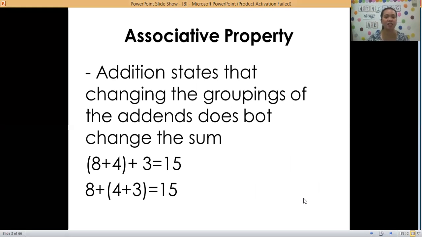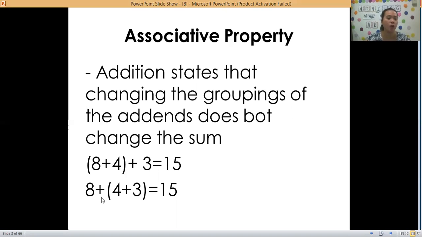Next is the associative property. This addition property states that changing the groupings. So a while ago, there's no grouping, just the numbers. But here, changing the groupings of the addends does not change the sum. So for example, 8 plus, 4 is in a group, right? Parenthesis, plus 3 equals 15.